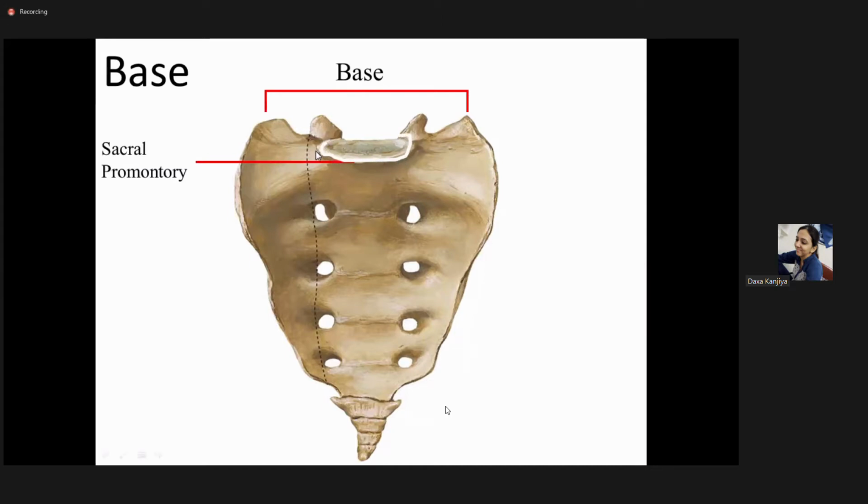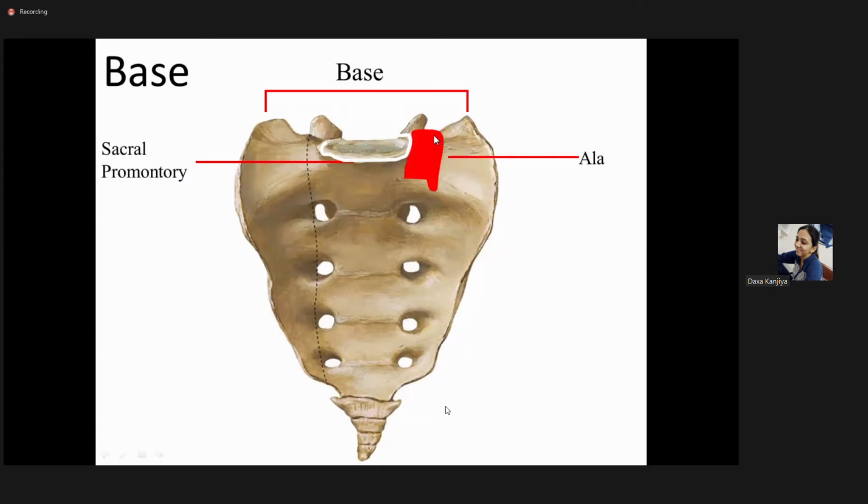Anterior margin of the central part of base is called the sacral promontory. What do you call this? Sacral promontory. On either side of the sacral promontory, this lateral part is called the ala of sacrum. So again, base is divided into 2 parts. Central portion is called sacral promontory and lateral portion is called the ala of sacrum.